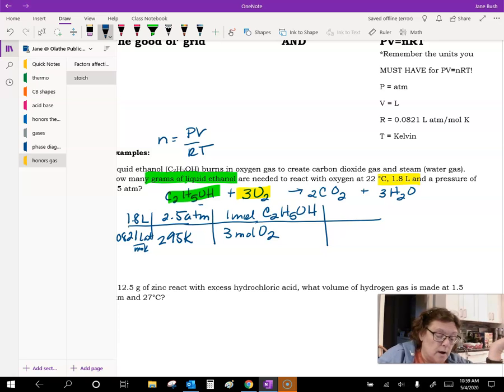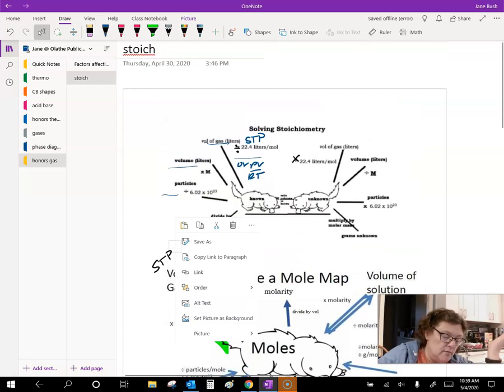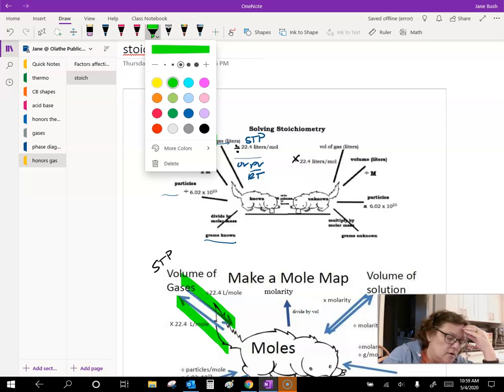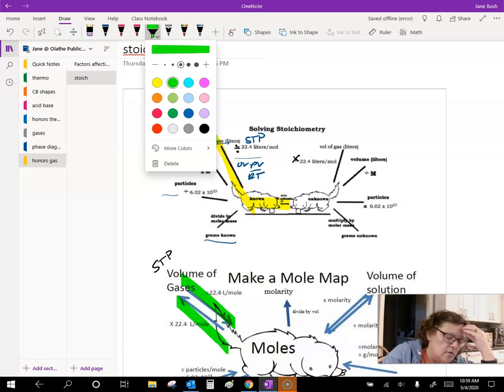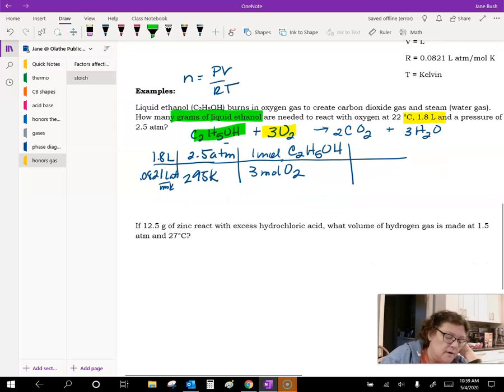Now it wants grams of ethanol. So we have done this. We have gone from here to here. And now we need to go back, but we want to go to grams. So we need to multiply by the molar mass of ethanol. Molar mass of ethanol is 46.